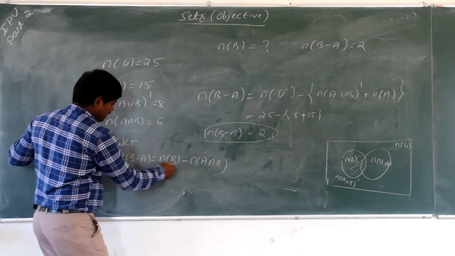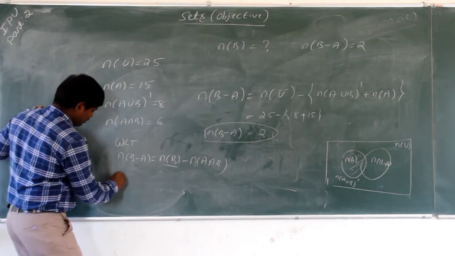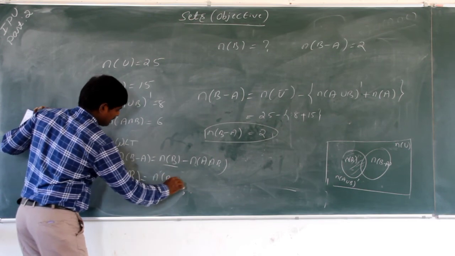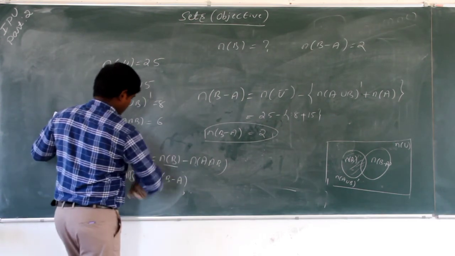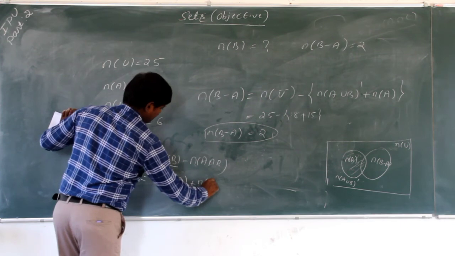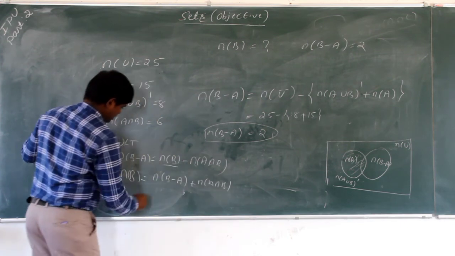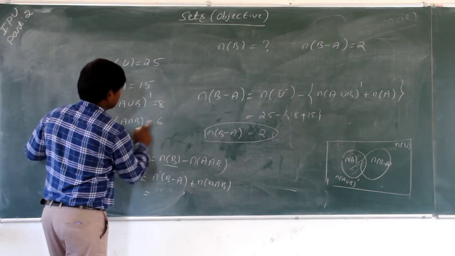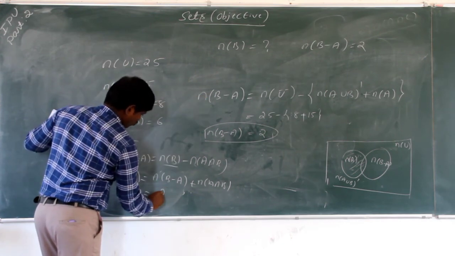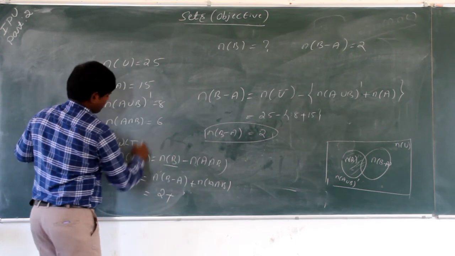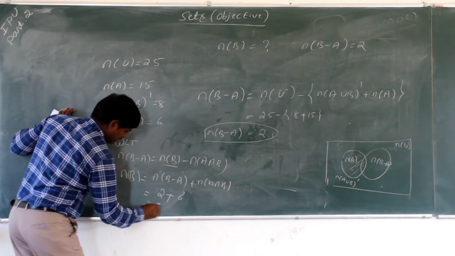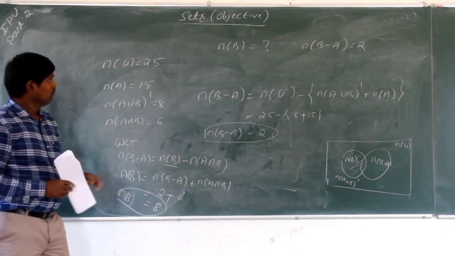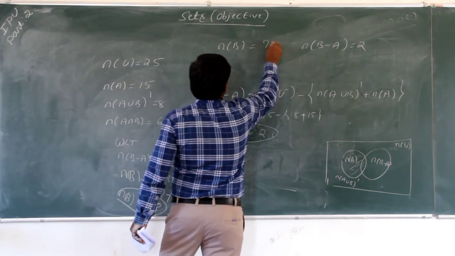Here we need to calculate n(B). Therefore n(B) is equal to n(B minus A) plus n(A intersection B). n(B minus A) is 2, plus n(A intersection B) which is 6, so this is 8. Therefore n(B) is 8.